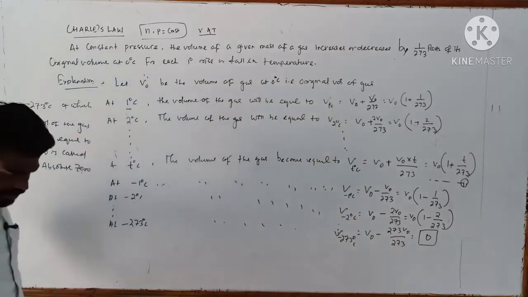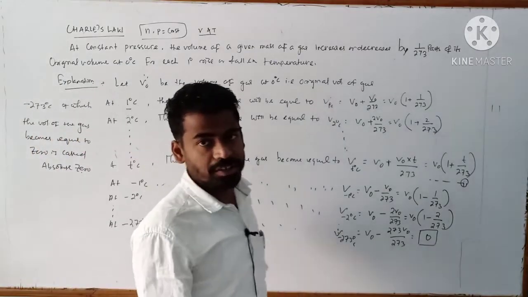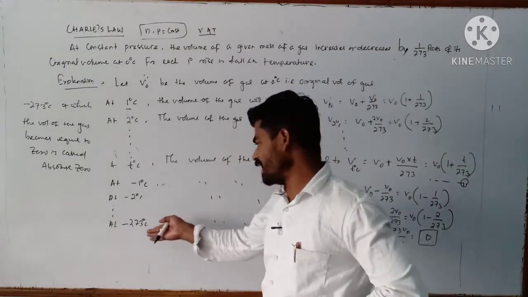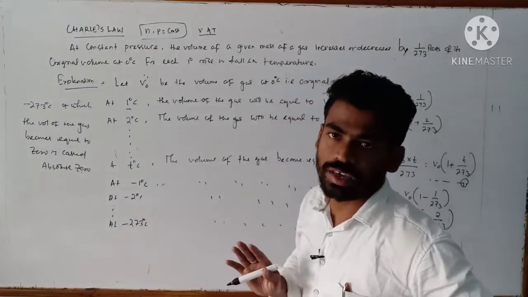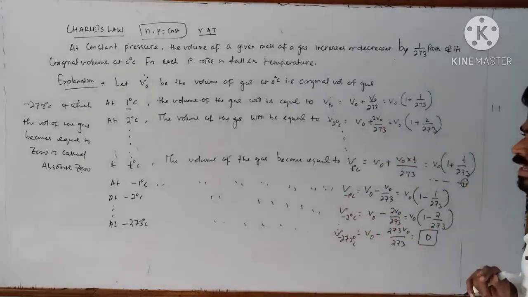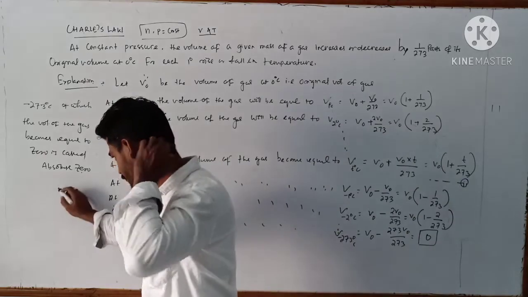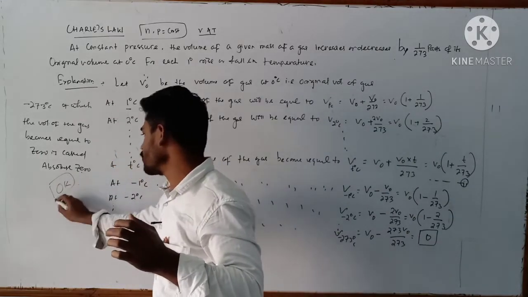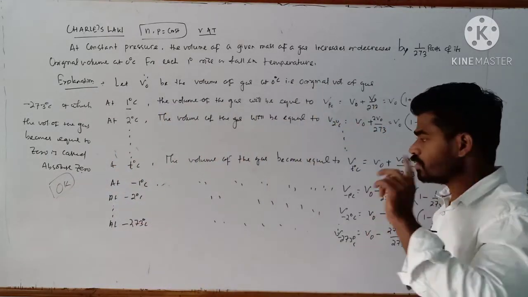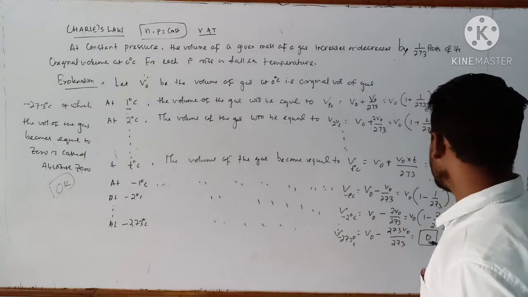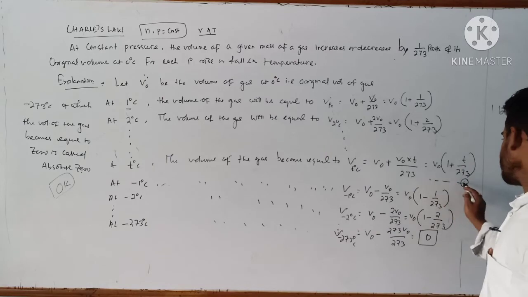Absolute zero means there is no gas, the volume of the gas is 0. After that, if you consider the highest negative values, there will be no gas; gas cannot exist. So -273 degree centigrade is also known as 0 Kelvin. This is called absolute zero, where the volume of the gas is taken to be 0. Clear? Now focus on this statement, which I have marked as equation 1.